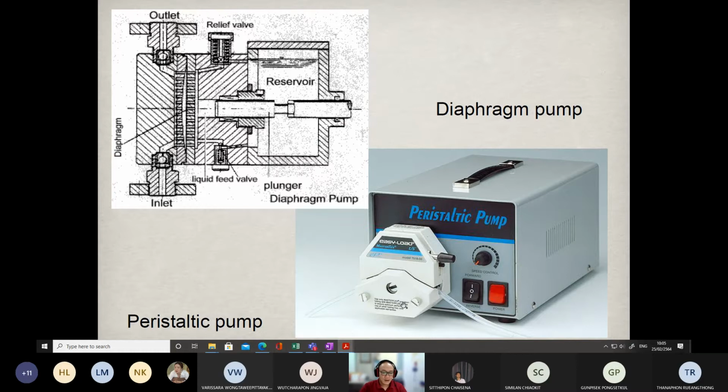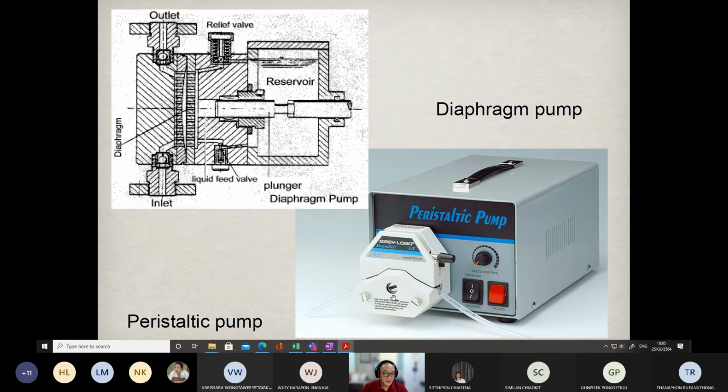Once this moves or rotates, water can get inside and move into this tube, based on the water displacement concept. So water can transfer from this side to the other side, depending on the direction of rotation. If it is rotated in the clockwise direction, water can move from the left side to the right side.